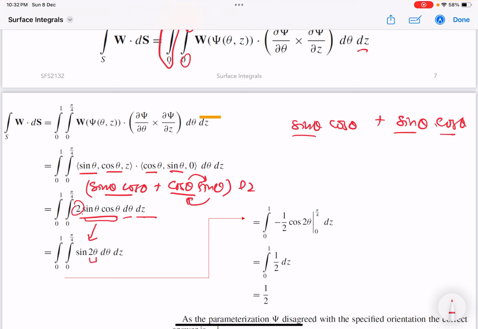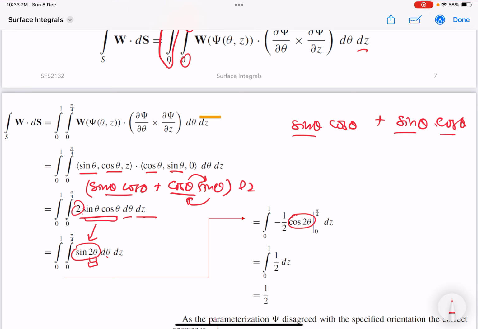So for this theta, we need to integrate sine 2 theta first, and then we account for the 2 theta, which gives 1 over 2. I think this one is also adapted from the identity, because this involves 2 theta.